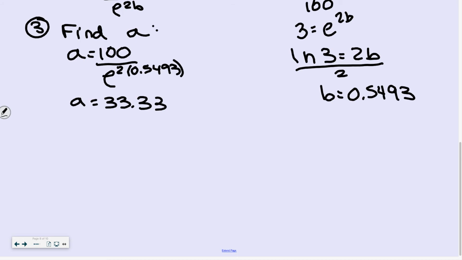So now I can write the model. y equals 33.33 e to the 0.5493x. And our original question was, how many fruit flies are there after 5 days? So we're going to plug in 5.